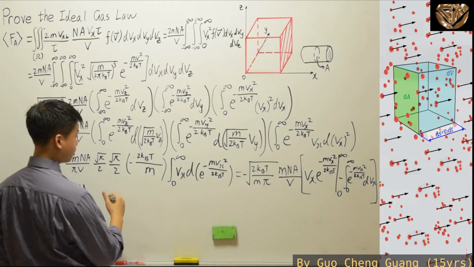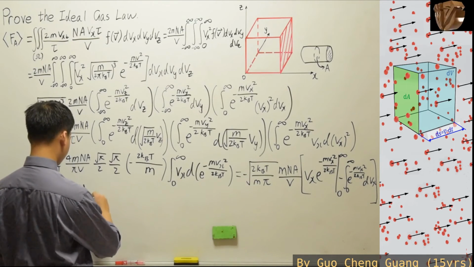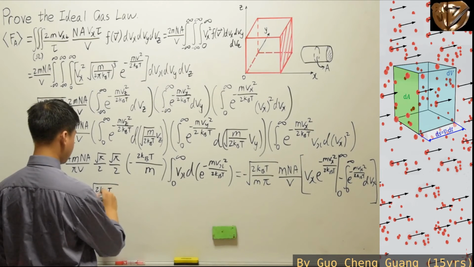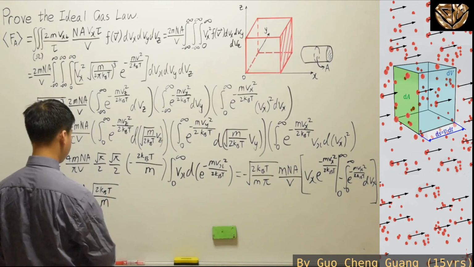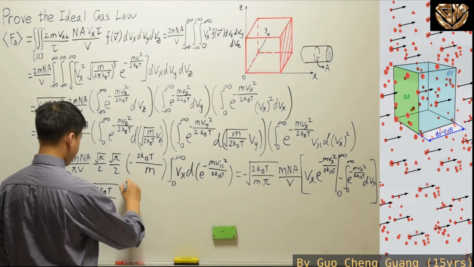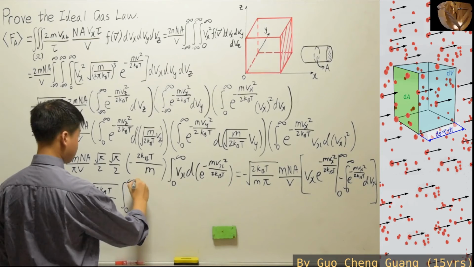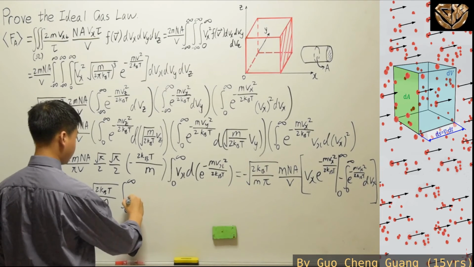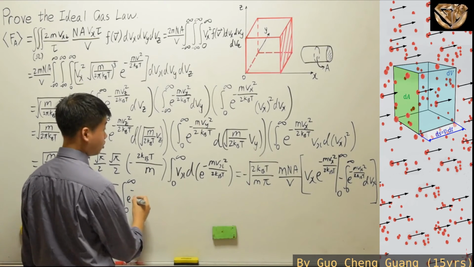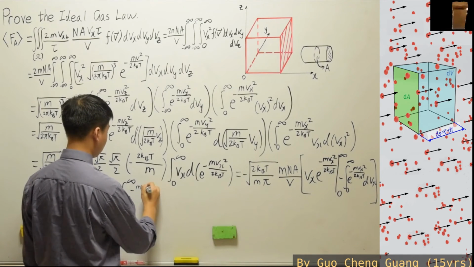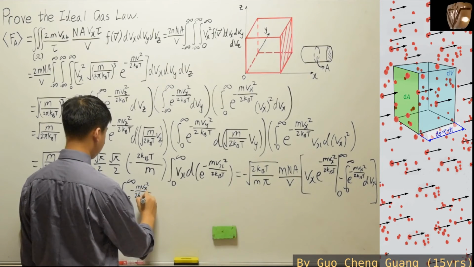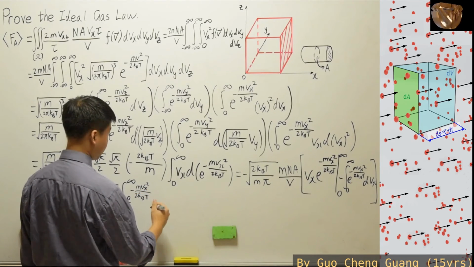That makes, so square root 2kbt over m. And the inside would be integrated from 0 to infinity e to the power of, well, of course you could choose to rewrite this entire thing, or if you already know, you could technically just directly write this as square root pi over 2.